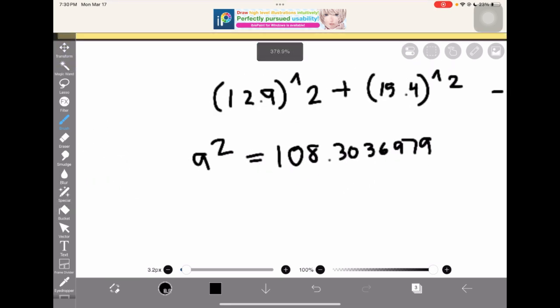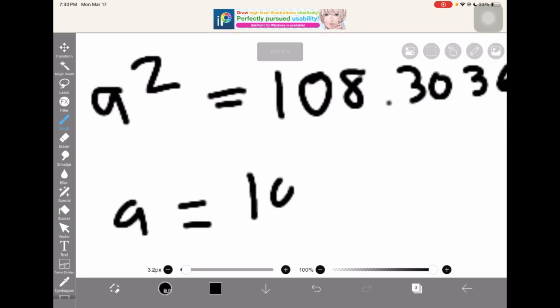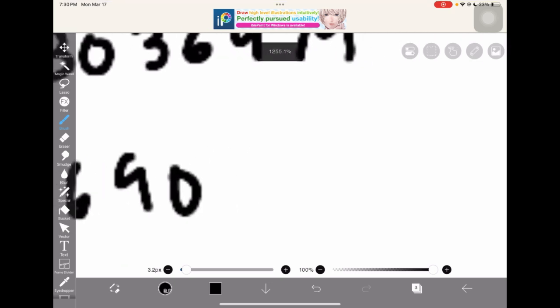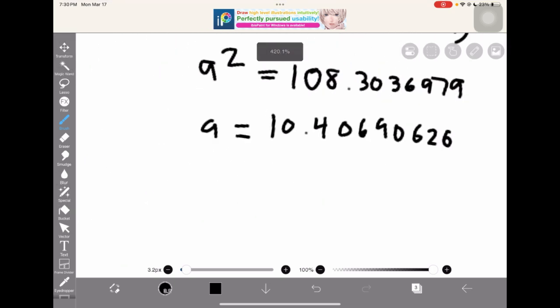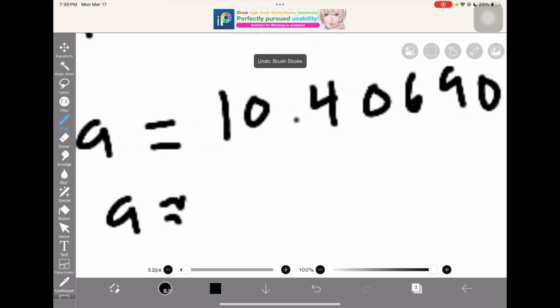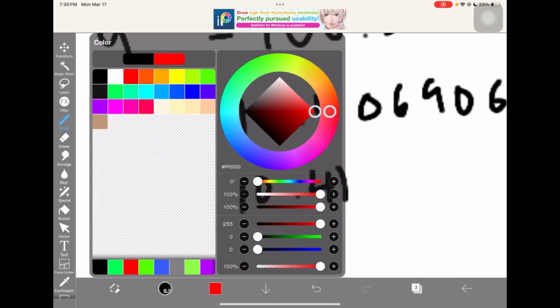We don't round off here. Just keep your answer. So square root your answer in the calculator, where we get A is approximately 10.040690626, or just rounded off to 10.41. And that's your answer.